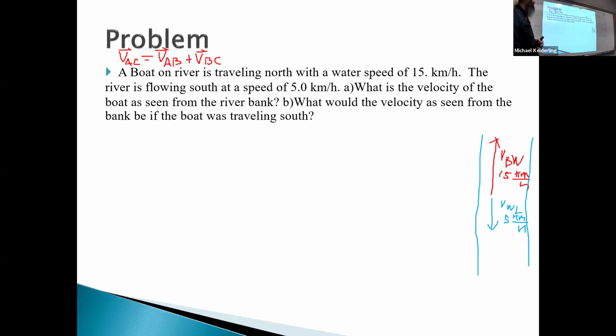So here's a picture. Sketching a picture is often very helpful in these cases. The boat is traveling north at 15 kilometers per hour with respect to the water. The velocity of the water with respect to land is 5 kilometers per hour south.